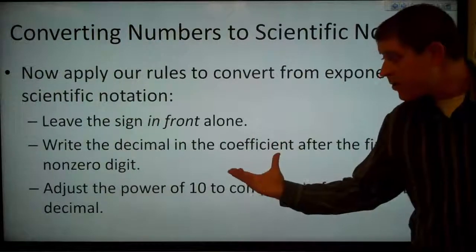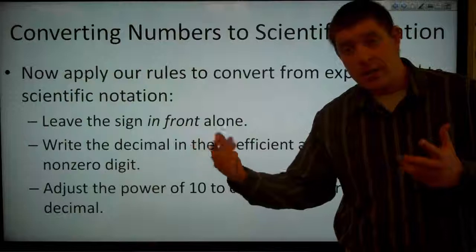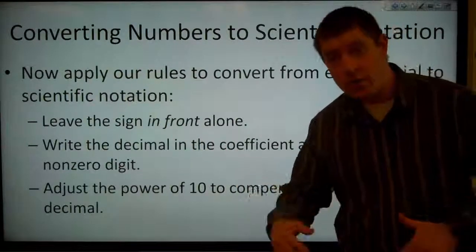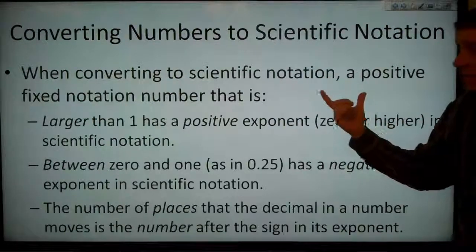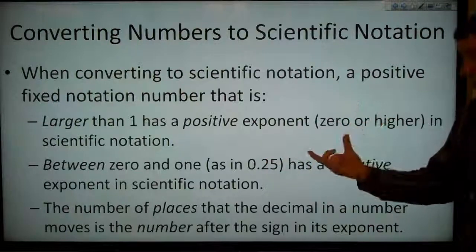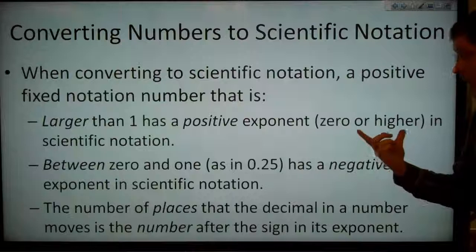If we move the decimal point to the left in our coefficient, then the value of the coefficient is getting smaller, which means we need to make the value of the exponential term larger. When converting to scientific notation, a positive fixed notation number that is larger than 1 has a positive exponent. So this is 0 or higher in scientific notation.